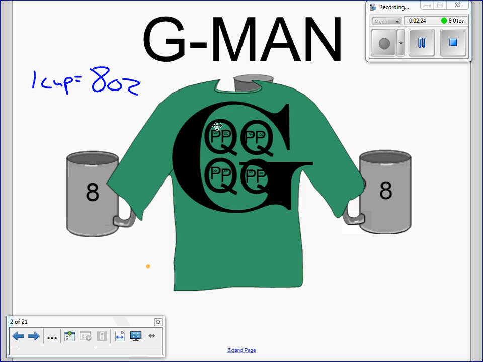If we have 4 cups in 1 quart, that means we have 4 times 8 is 32. There's 32 ounces in each quart. So 32 times 4 is how many ounces are inside a gallon. 128 ounces in a gallon.